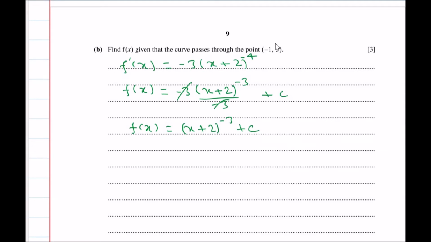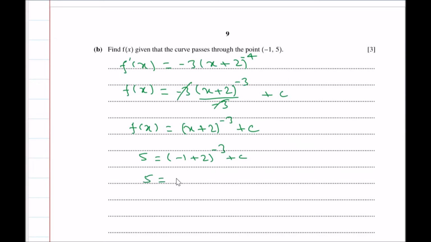Now the point minus 1, 5 we will put here. So the y value is 5, so put 5 is equal to, x is minus 1, so (minus 1 plus 2) to the power minus 3 plus c.